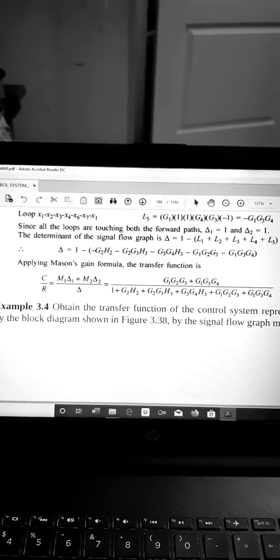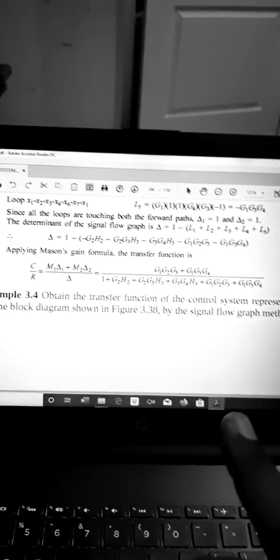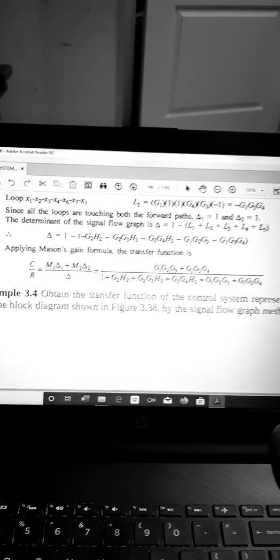The typical question I told in the previous case, that is a typical question. That means you are doing some block diagram reduction and verifying that by using the signal flow graph method. Here you are given some block diagram and you have to convert it into a signal flow graph directly, and then you have to solve the problem. So this is a problem.